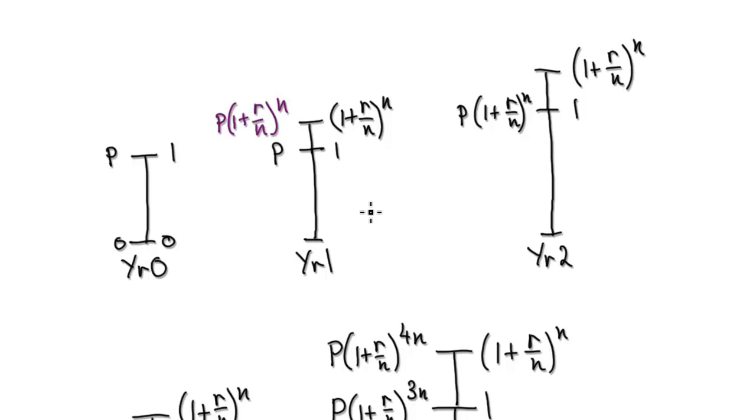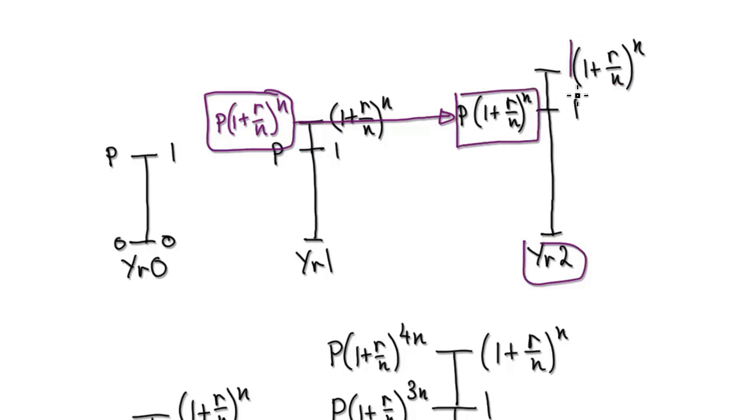And then at the start of year 2, this will be your new 100%. At the end of year 2, you will have this much of an interest, so the amount that you have in the bank would be this times this. That would be P, and then notice that this block here is exactly the same as this block here.